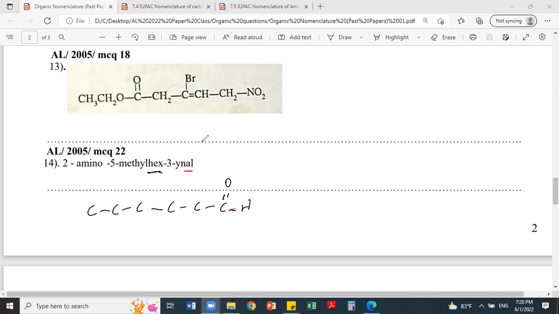So after that you have to number the chain. 1, 2, 3, 4, 5, 6. After that, the triple bond is at the beginning of the third carbon.